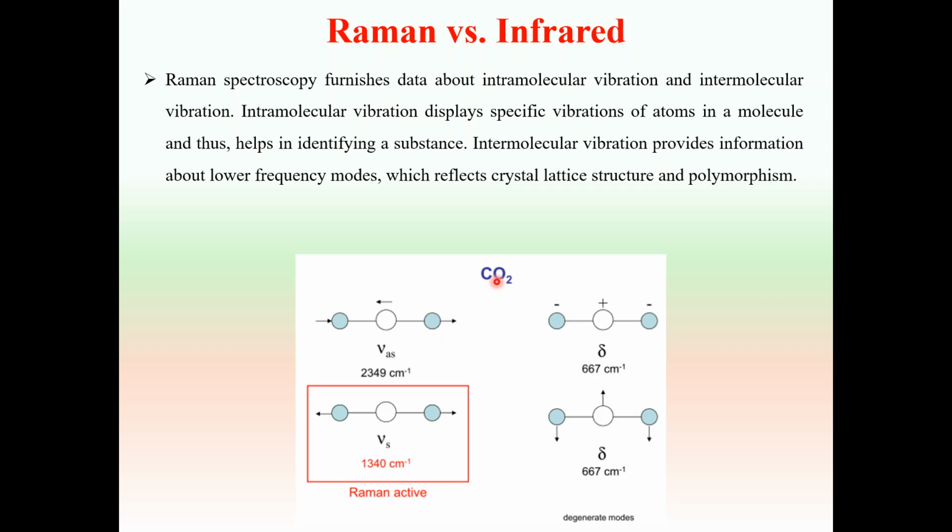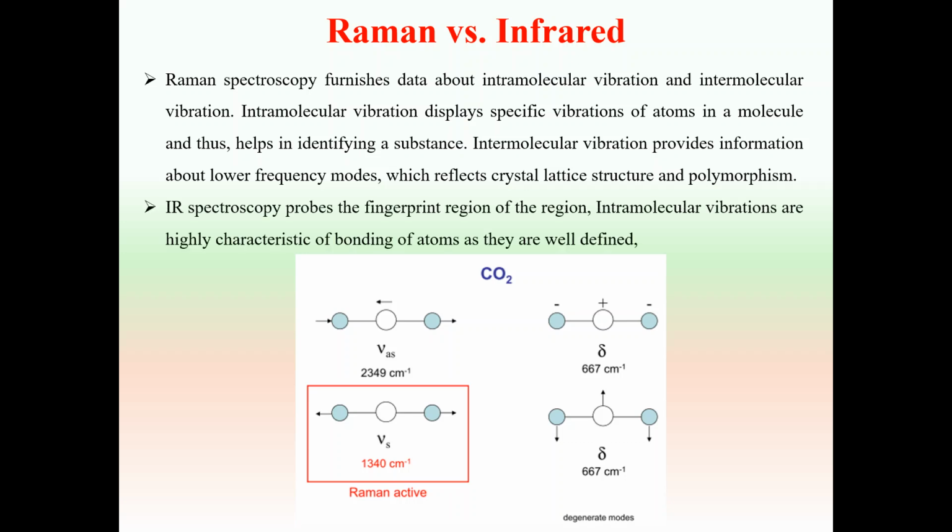So intramolecular vibration displays specific vibration of the atoms in a molecule, and thus helps in identifying a substance. Intermolecular vibration provides information about lower frequency modes, which reflect crystal lattice structures and polymorphism.